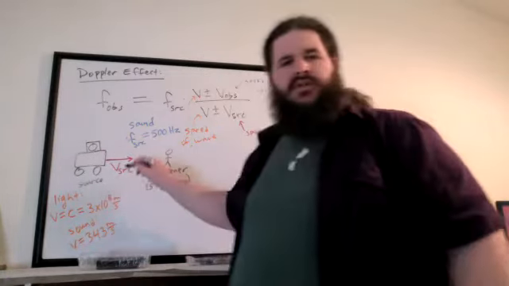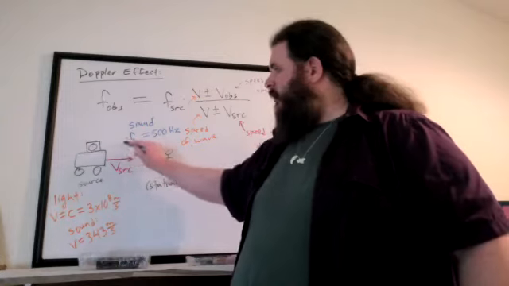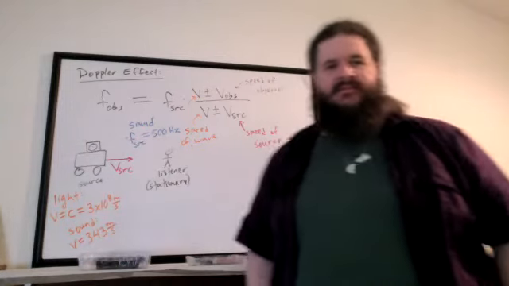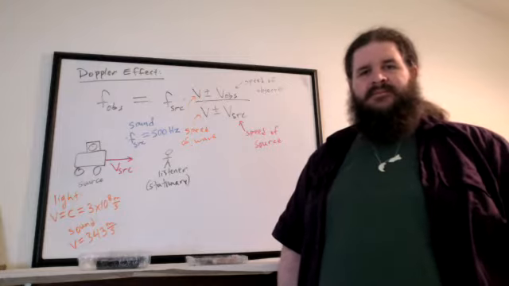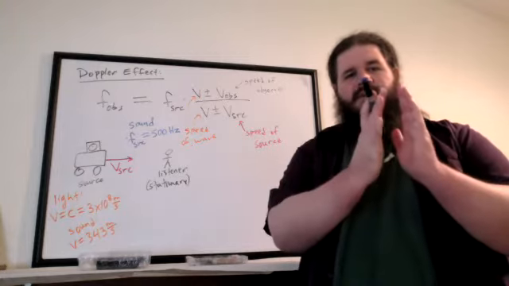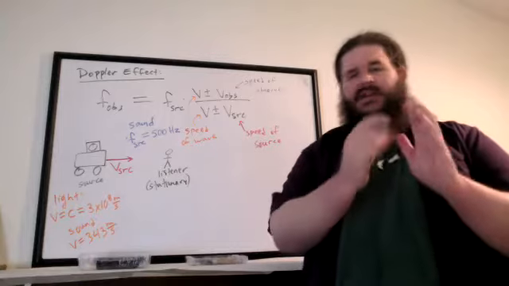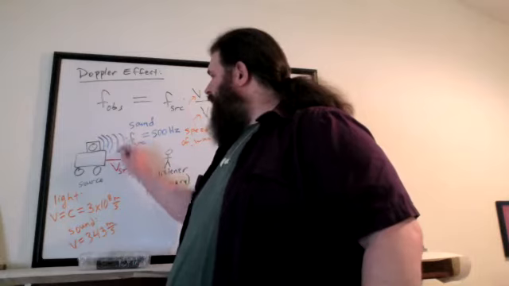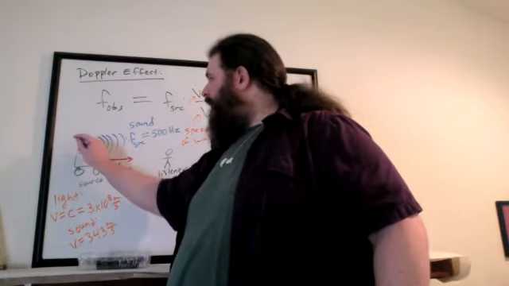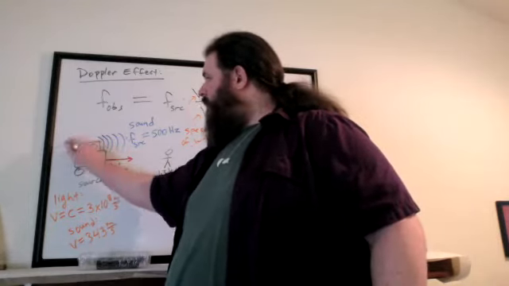But if it's moving towards you, what's going to happen to the forward moving wavefronts? They'll compress. Yeah, the forward moving wavefronts get compressed in space. They're going to be bunched up closer together. So forward, we're going to have wavefronts bunched up closer together. Behind, we're going to have wavefronts more spread out.